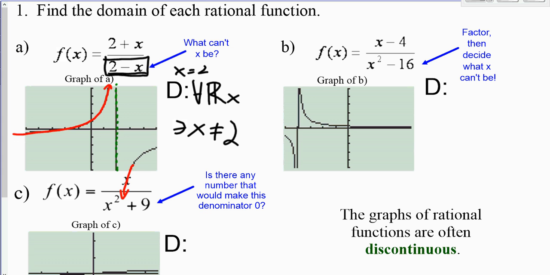So that asymptote that's graphed there isn't actually a value of the function, but it's just the calculator processing going from positive infinity down to negative infinity.